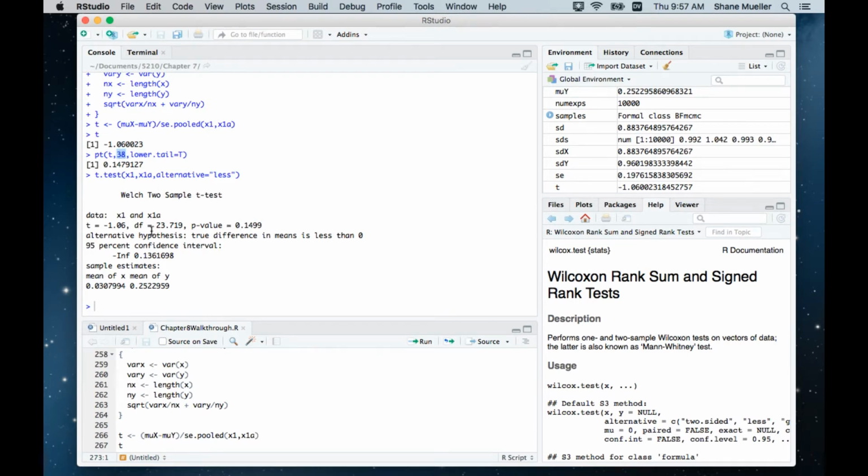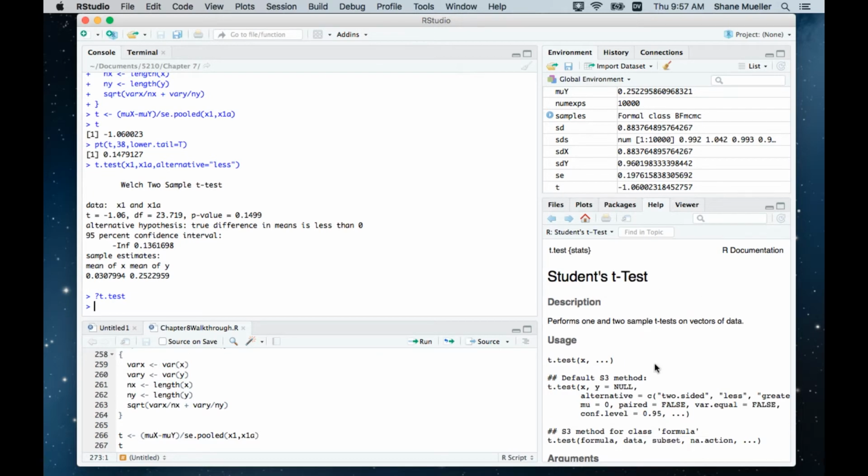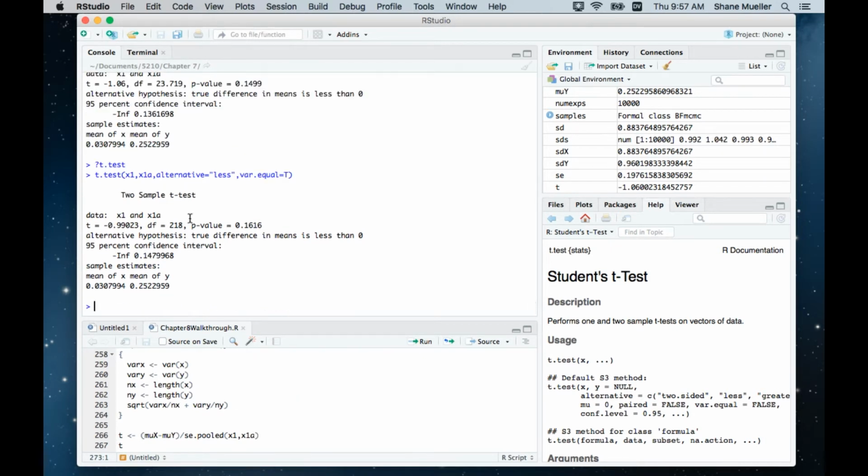Here I said it was 38. They give this weird degrees of freedom, 23.7, and a p-value of 0.149. So if I look up t-test, you can see that there's this assumption var.equal equals false, so I don't actually assume that variance is equal. And let me see what happens if I set that to true.